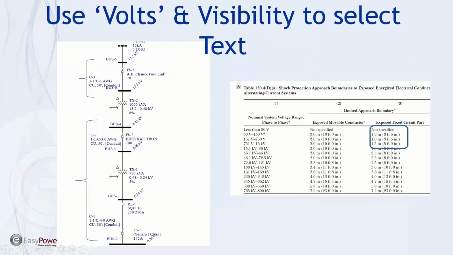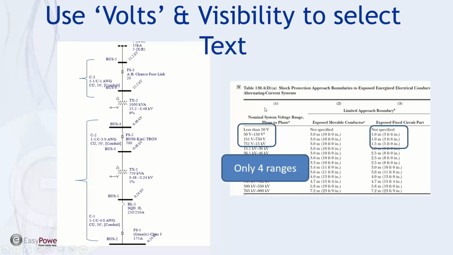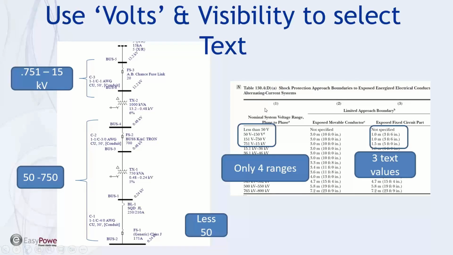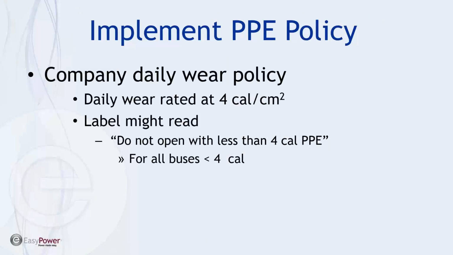And if you kind of look at what we're talking about in NFPA 70E, our table 130.4, we see that there's only 4 ranges if I stay below 15,000 volts, and there's 3 different text values. So it makes my lookup, if I combine conditional display for that value in inches and feet from this table with hide or display, it can be done relatively easy.